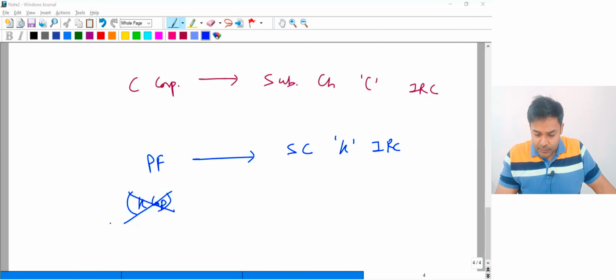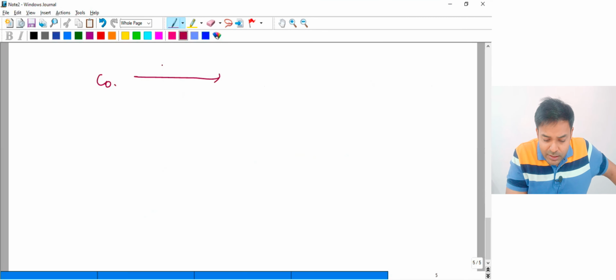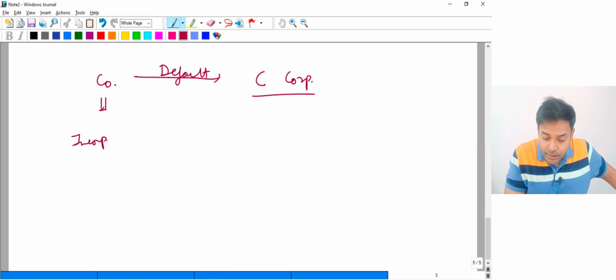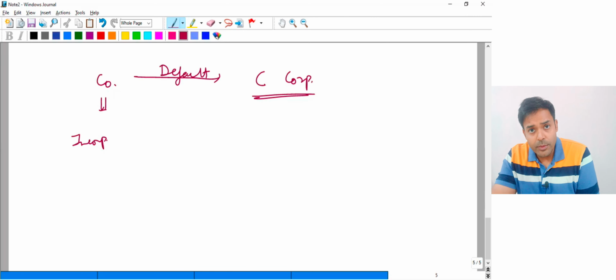Okay, moving on. Any company, whenever you are incorporating it, by default is going to be a C corporation. So it's not that you created the company and automatically it would be an S corporation. No, by default it is going to be a C corporation.